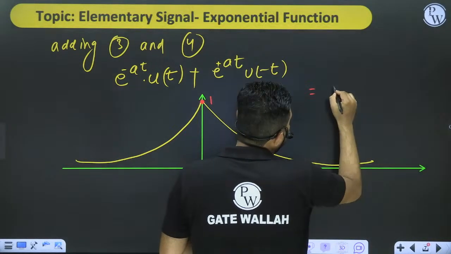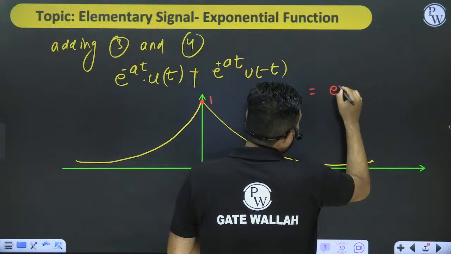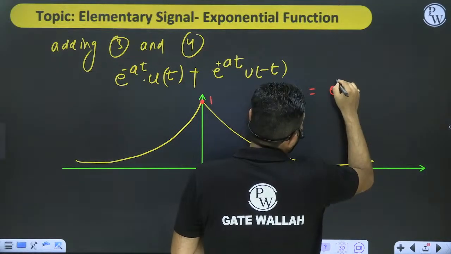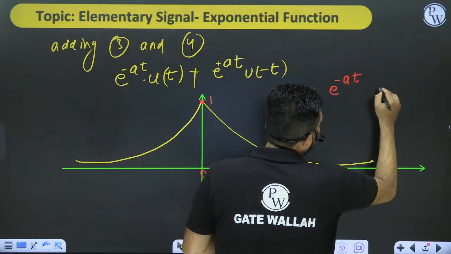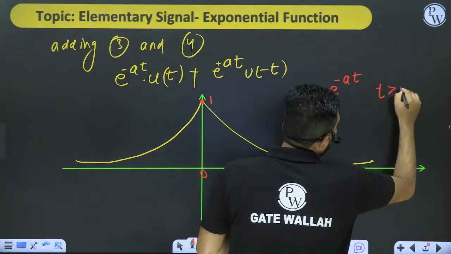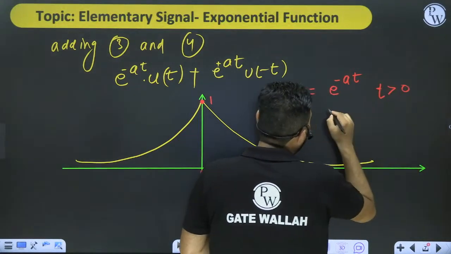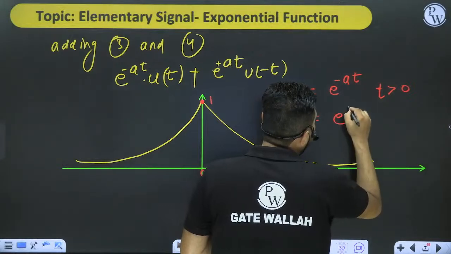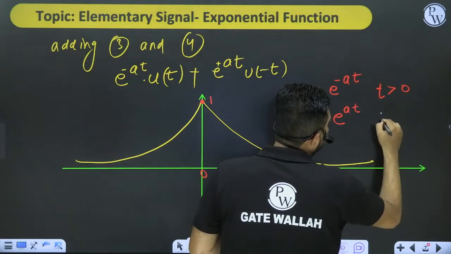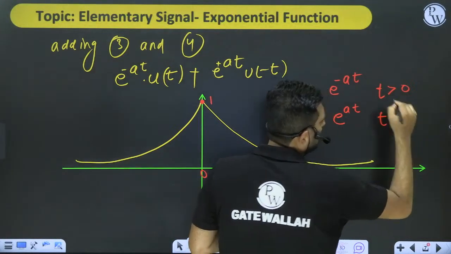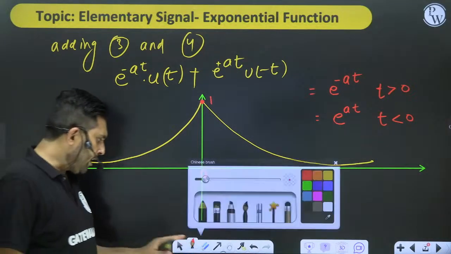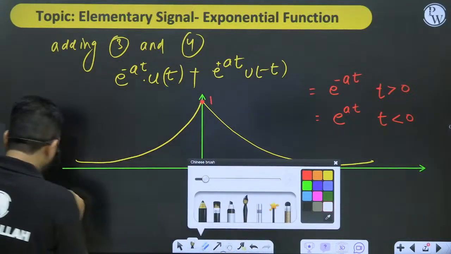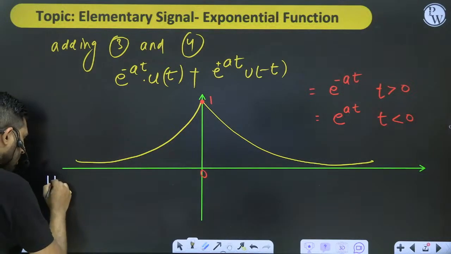It is e to the power minus at when t is greater than 0. It is e to the power at when t is less than 0. If you define mod t, what is mod t?